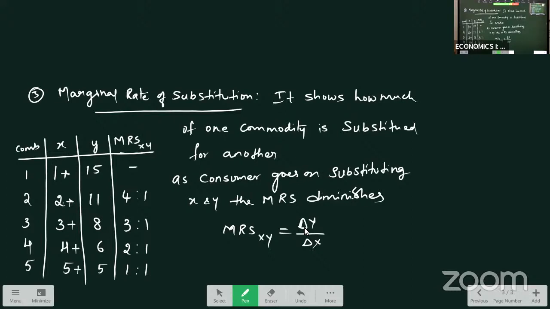The next one we are having, right, after this we have the next question, budget line. What is budget line? Budget line means here budget. Generally we all know budget means what? How much income we are having, how much money we are able to spend.